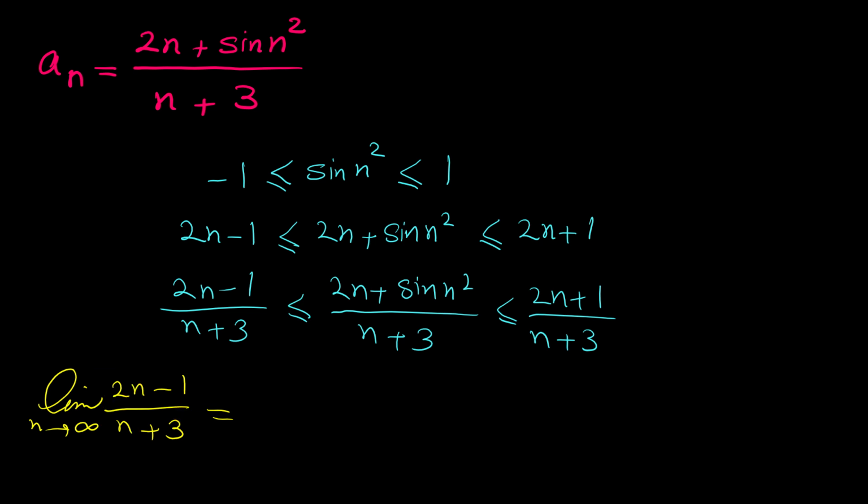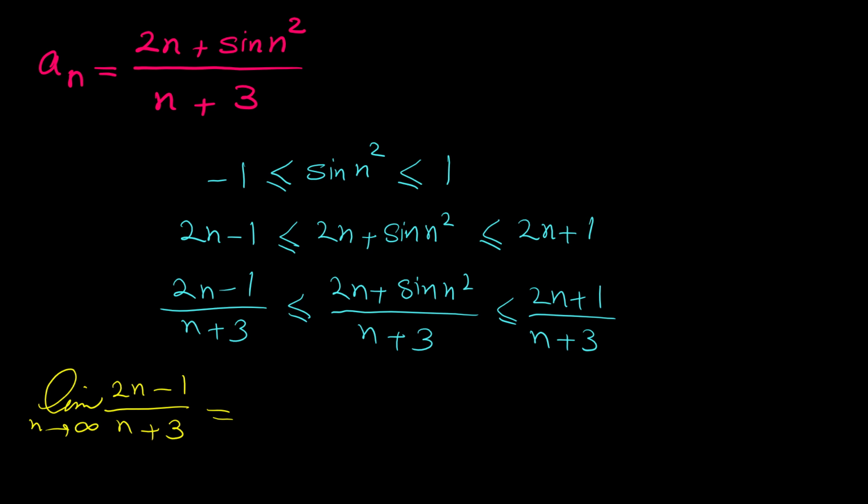When the degree of the numerator and the degree of the denominator are the same, the limit is always the ratio of the coefficient of the numerator over the coefficient of the denominator. The coefficient of the numerator is 2, the coefficient of the denominator for n is 1, so the limit is 2. This is another way for finding this limit. And as you can see, the answers are the same.